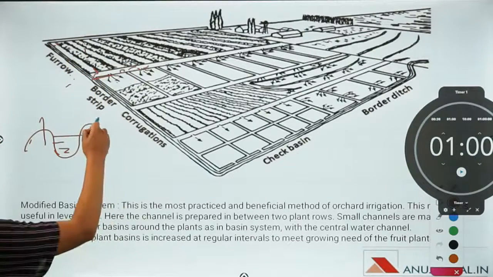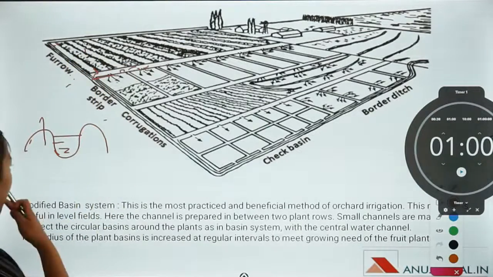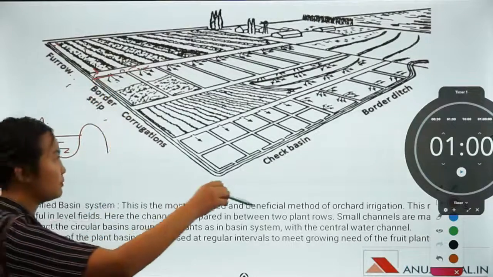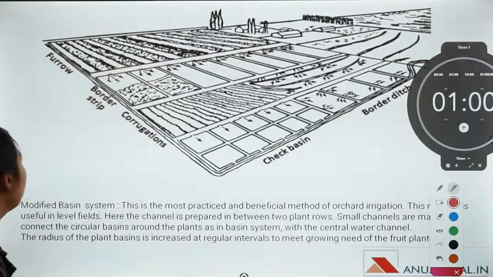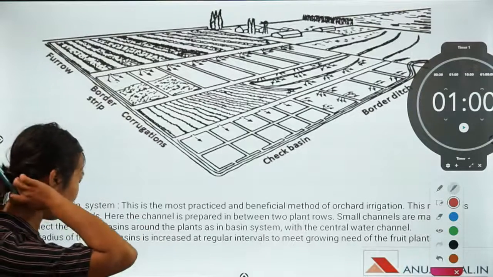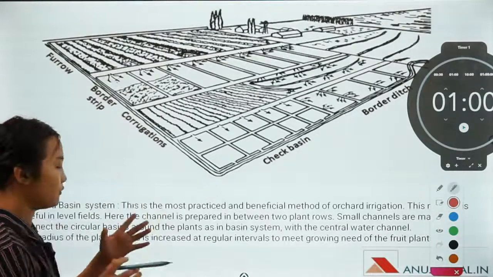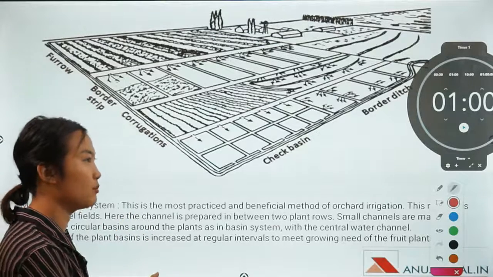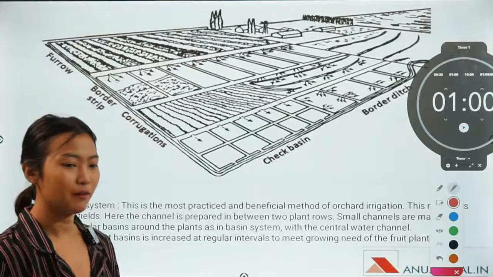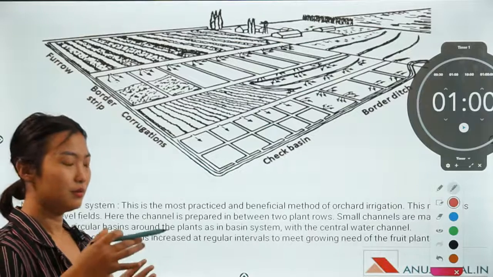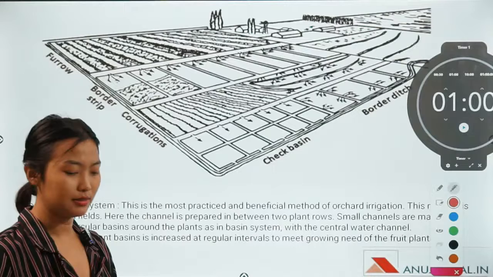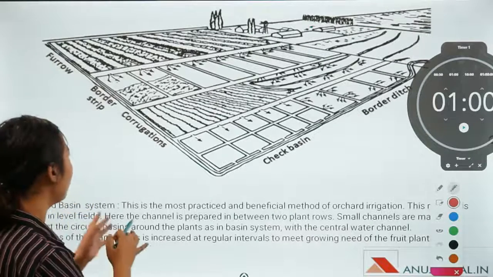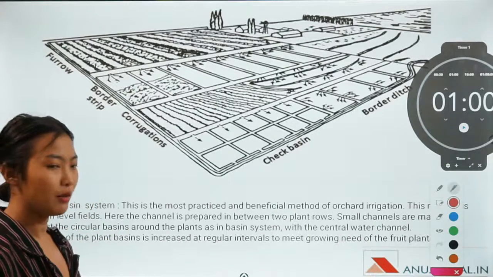And we have a border strip. Let me just clear this out for you quickly. The border strip method is a type of method where we have a number of parallel lands, divided with the help of a border or a small boundary like a channel.